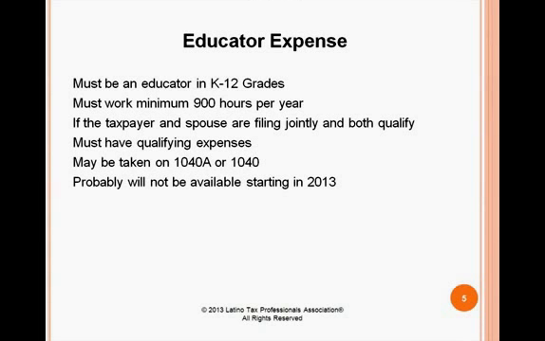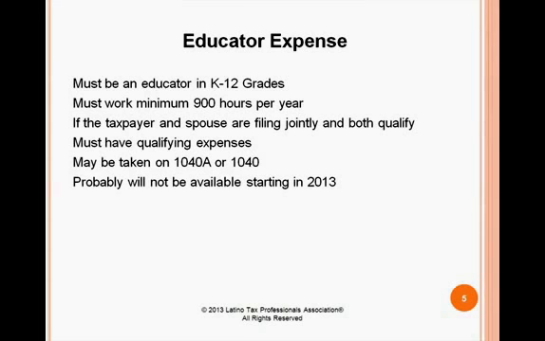The first item is an educator expense. Now this is $250. It's not a huge amount of money, but it is the only business-type, work-related expense that is allowed on the front page, above the line, without having to be included under Schedule A itemized deductions.